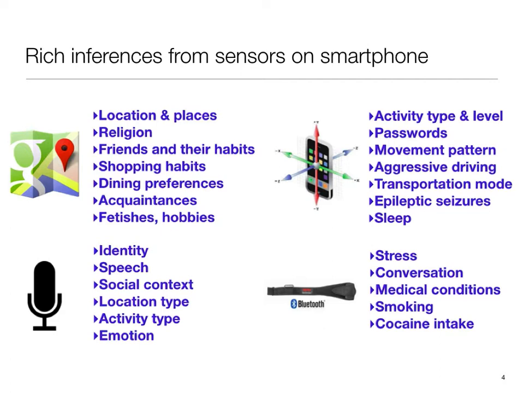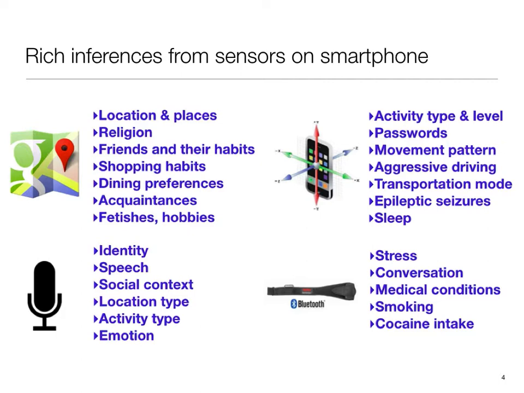There's a lot of research in our lab that actually focuses on that. And you could even create passwords with your motion. There's a lot of research in that direction. You could do movement patterns. You could detect aggressive driving, even your transportation modes, or some more health-oriented stuff like detecting epileptic seizures.